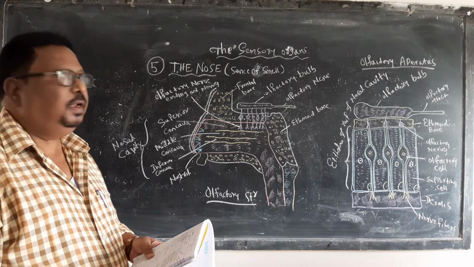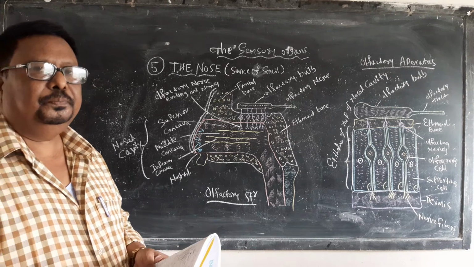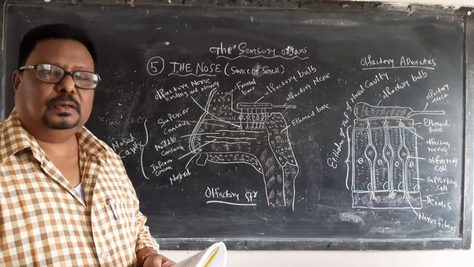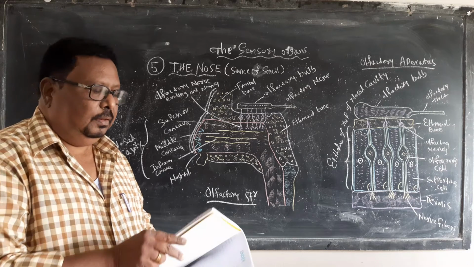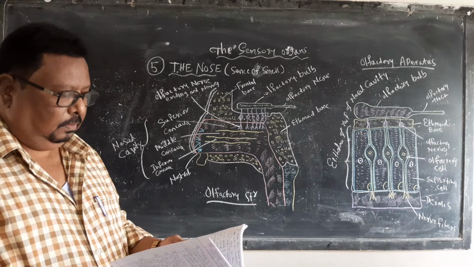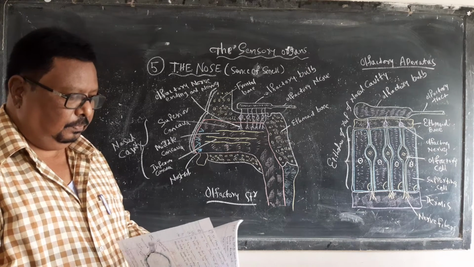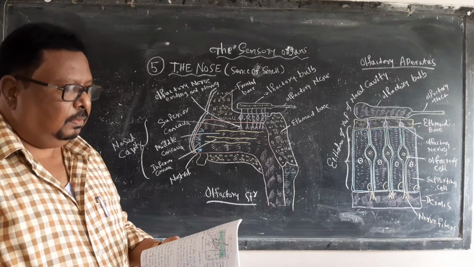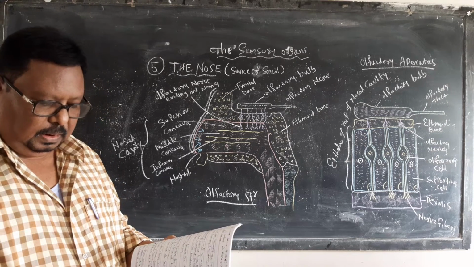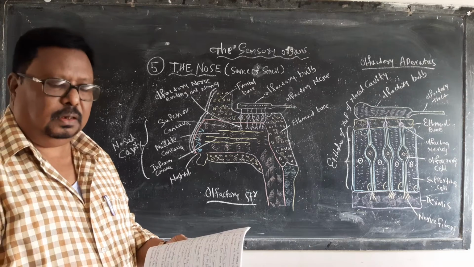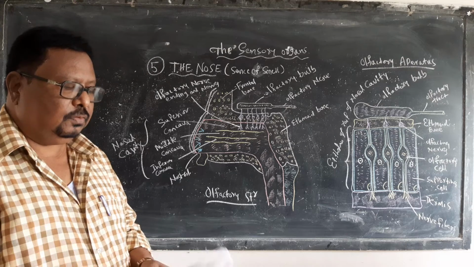We have studied the sensory organs: skin, ear, eyes, tongue, and today we are going to learn about the nose. That is the sense of smell. The last one is the nose.